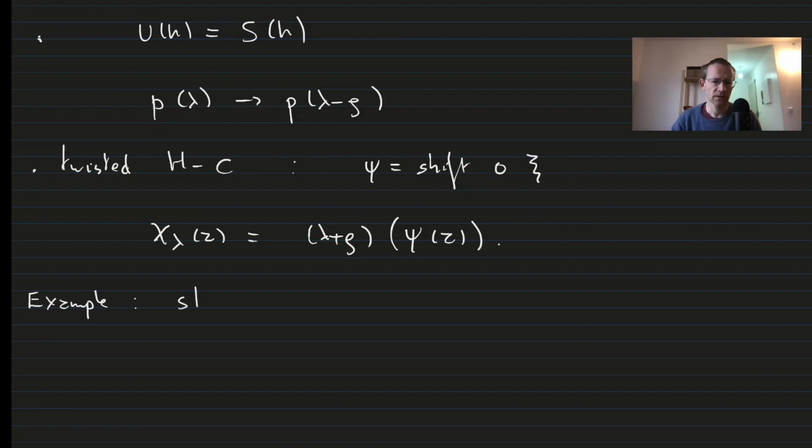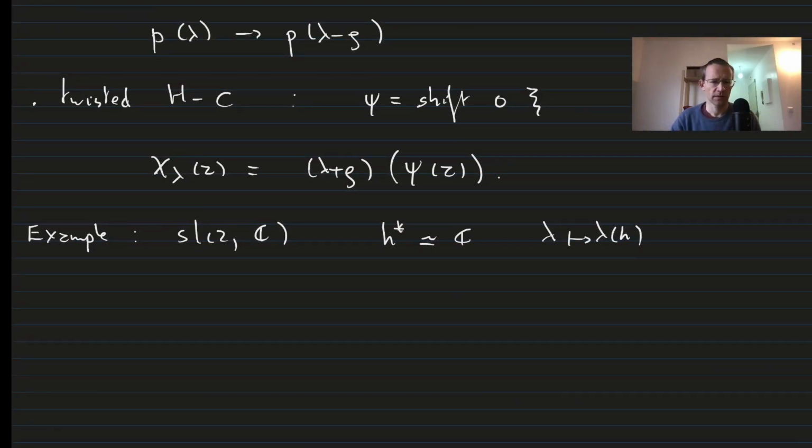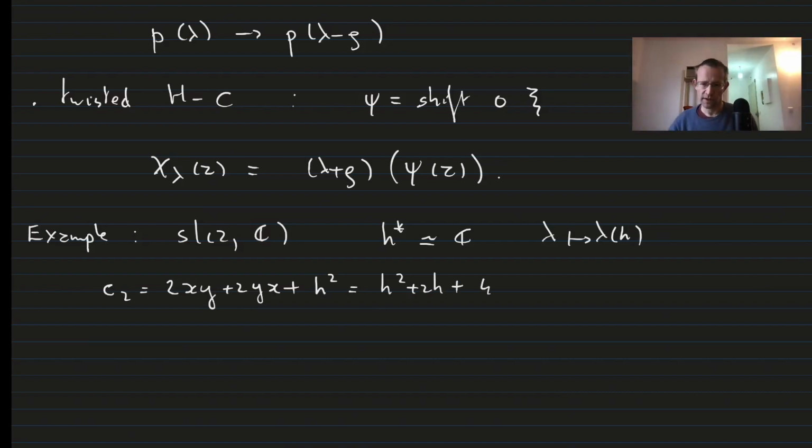So let's do an example. Let's consider SL2C. We identify H star with C. We have that lambda is identified with lambda of H. Then we have a central Casimir element, which is C2, which is nothing but 2xy plus 2yx plus h squared, which is equal to h squared plus 2h plus 4yx if we write it in PBW form.